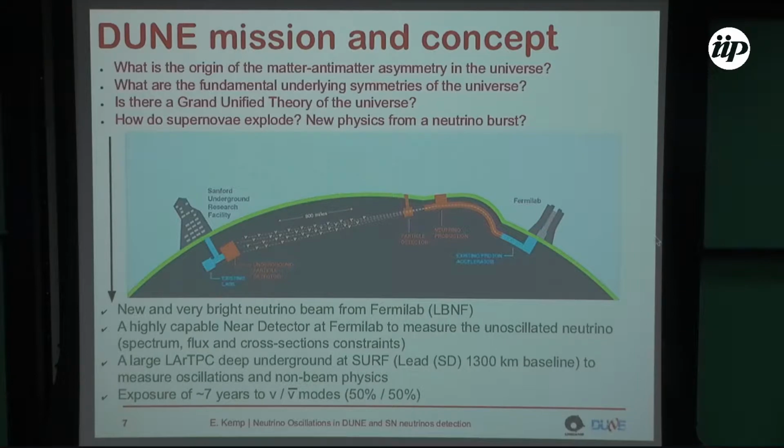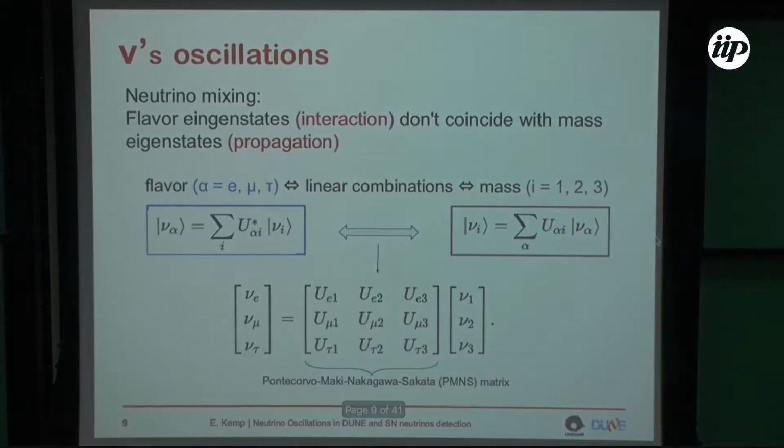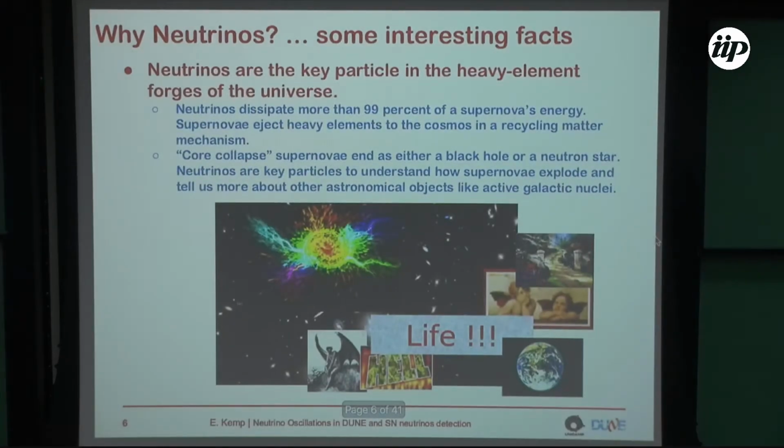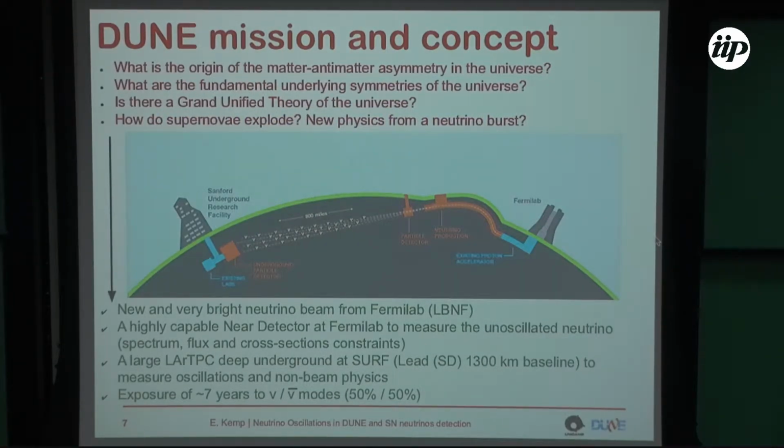The experiment is being built to try to answer the question about the imbalance between matter and antimatter, and also to look for underlying or hidden symmetries connecting probably the leptonic and the quark sectors, and also whether or not there is a grand unified theory, or a scale at which all the interactions can be put on the same footing, and also to explain the explosion of supernovae, and whether there is new physics behind the neutrino bursts.